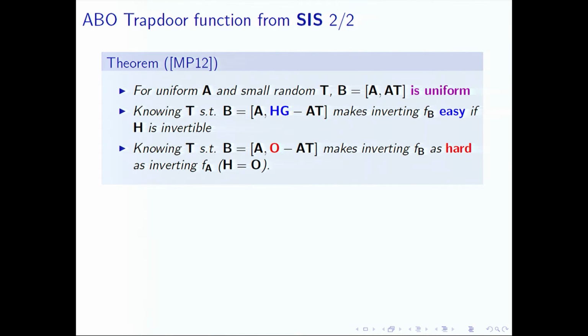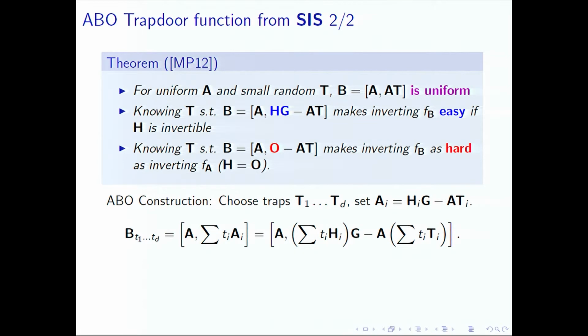And by just playing with a little bit of linear algebra, we can actually build trapdoor functions the following way. Either we add a little bit of G in this matrix in a way that we know, and this is going to make inverting it easy. Or it disappears from this matrix, and it's going to be hard, and both cases are going to be indistinguishable to someone who doesn't know the secret trapdoor key, all right?